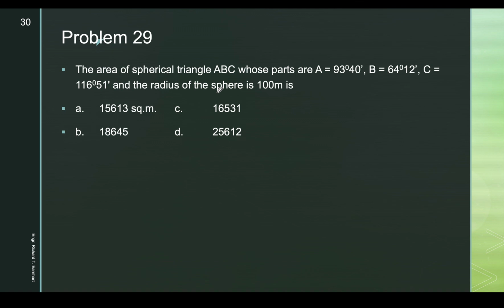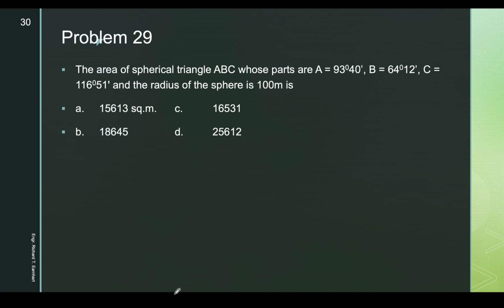The area of a spherical triangle ABC whose parts are given A, B, and C, the interior angles, and then the radius of the sphere is 100 meters.